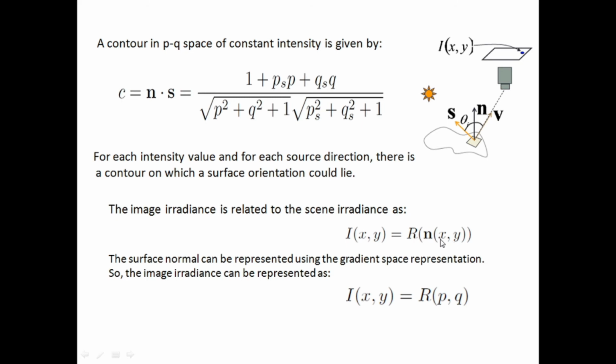As I have also discussed with you, the normal component is nothing but your gradient space only. The vector carrying the gradient values is the normal component for that surface point. So the image irradiance can be represented as I of x comma y equal to R of P comma Q. In this manner we got it.